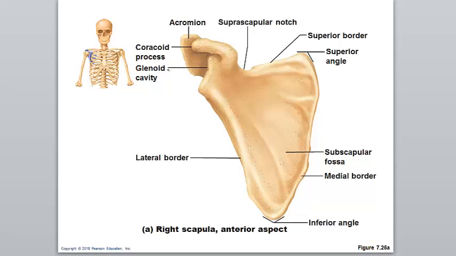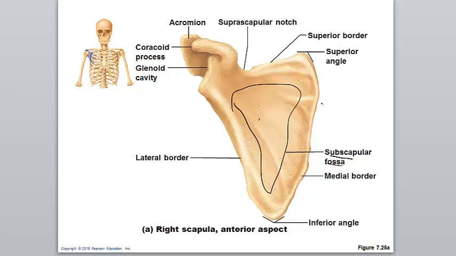Let me show you another picture eventually. Let's look at this anterior view. Anterior because it's facing the rib cage, hence it's called the anterior view. This whole triangular smooth area that you see over here facing the rib cage is called the subscapular fossa.